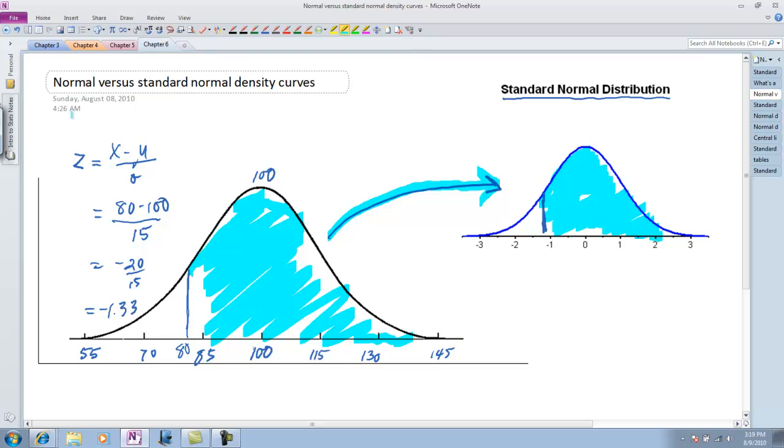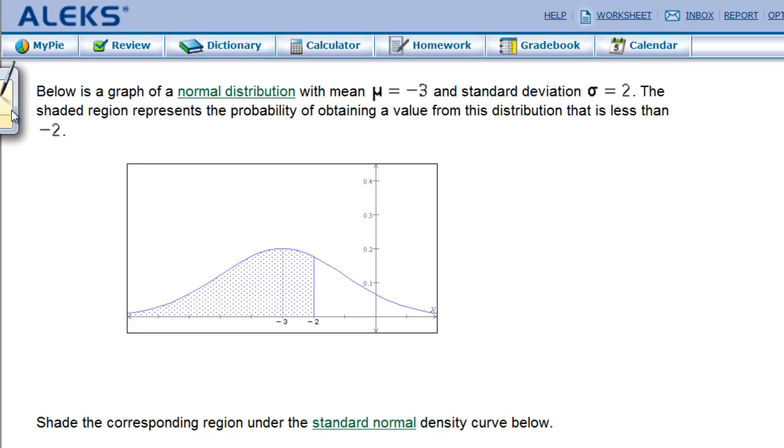Now let's look at the problem. This is the problem they've given us in Alex. Below is a graph of a normal distribution, and you can see it has that bell-shaped curve. It's a little more flattened out, but it's still bell-shaped. The mean of this normal distribution is negative 3, and that is where we see the peak of the bell.